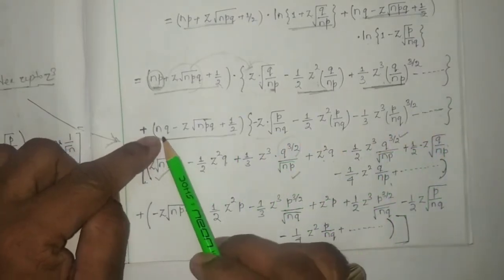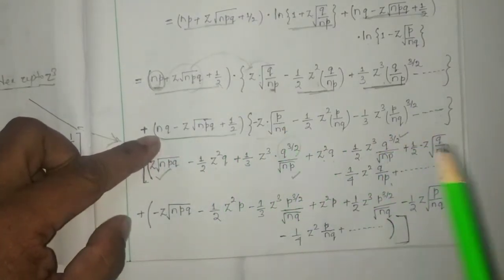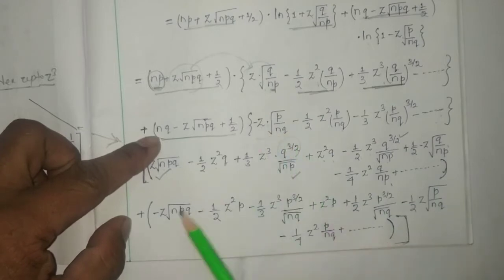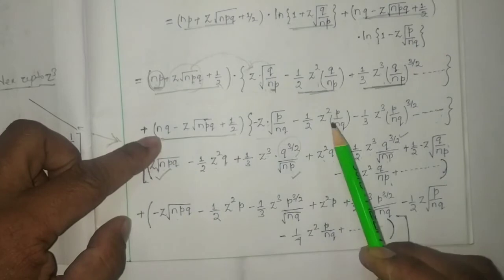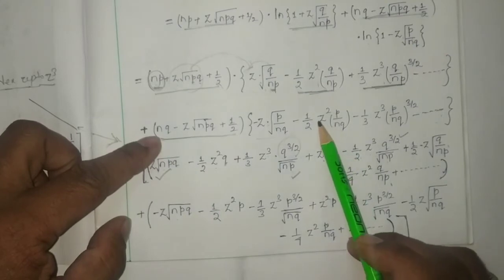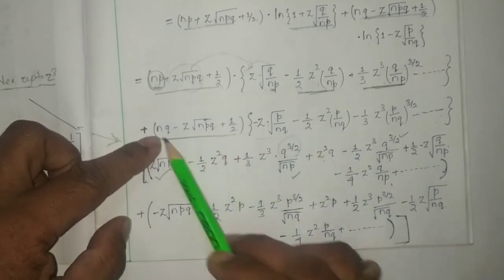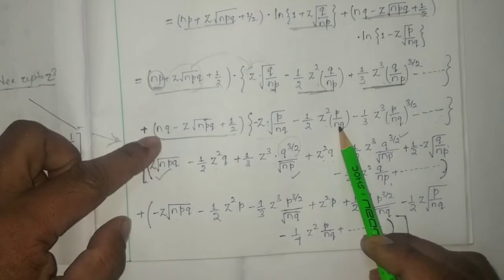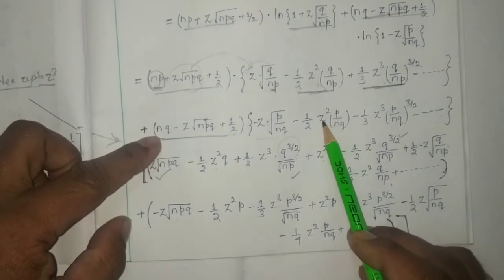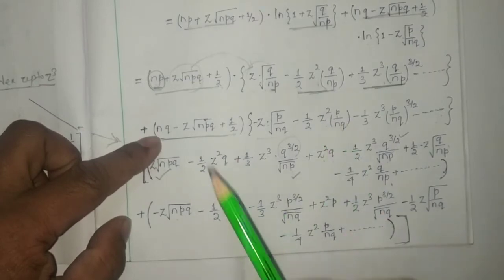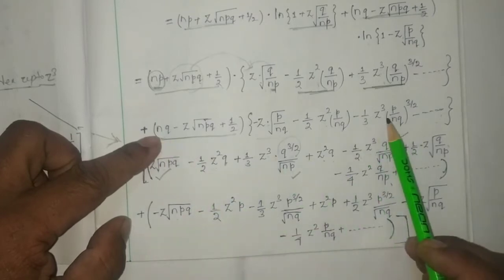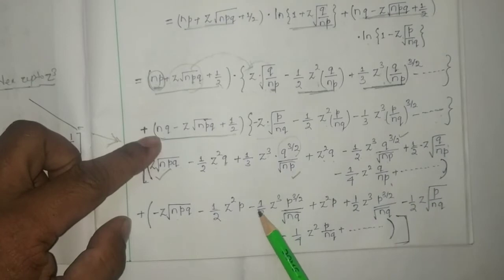So nq multiplied with this one, we found minus z root over npq. nq multiplied with this one, we got 1 by 2. Here nq got cancelled, z square is there, z square p. Here we consider nq multiplied with this one, so it will be how much? 1 by 3.